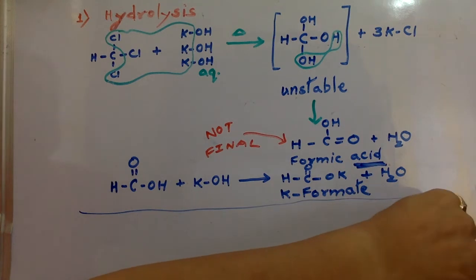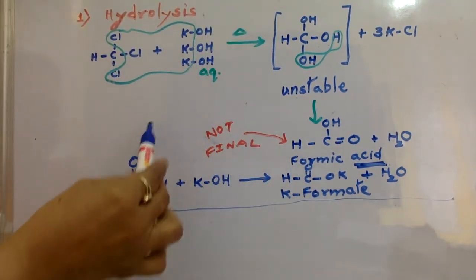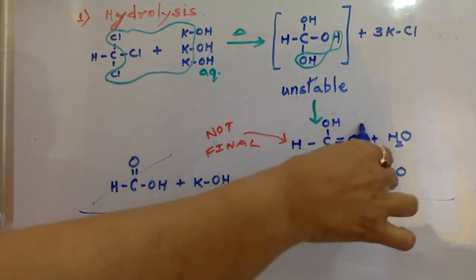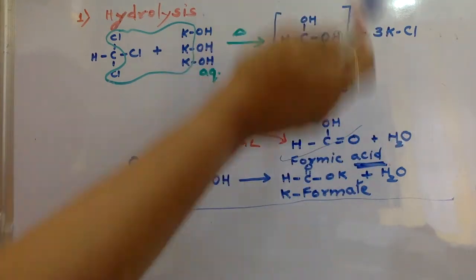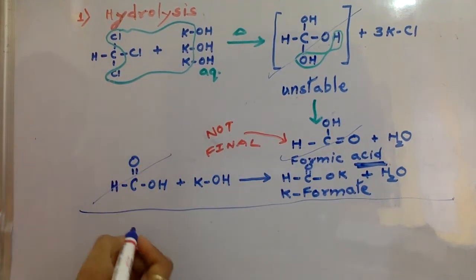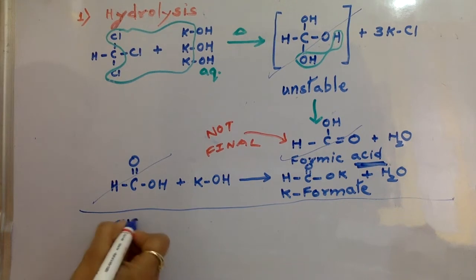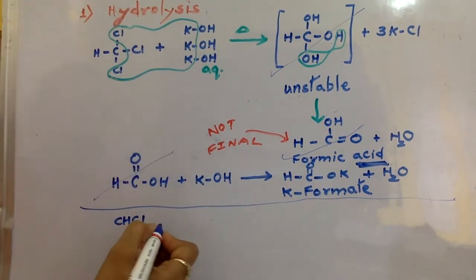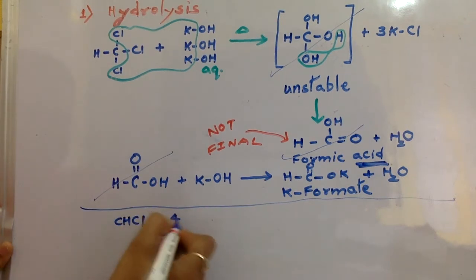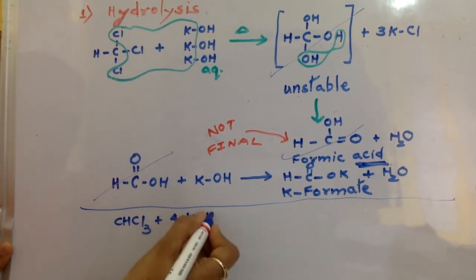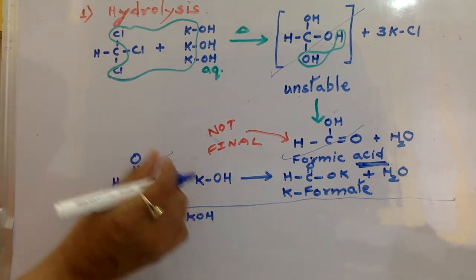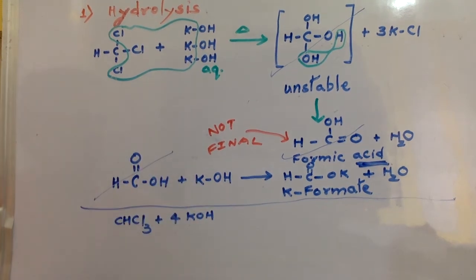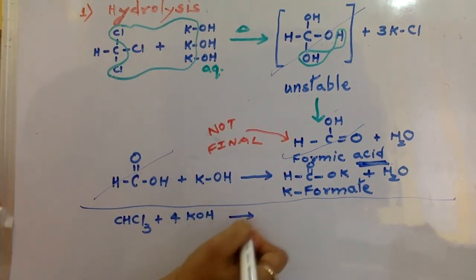We can write this entire reaction in one step. See how this gets cancelled. This is already cancelled since it gets converted into formic acid. So we have CHCl3 plus 4 KOH, aqueous, heat.